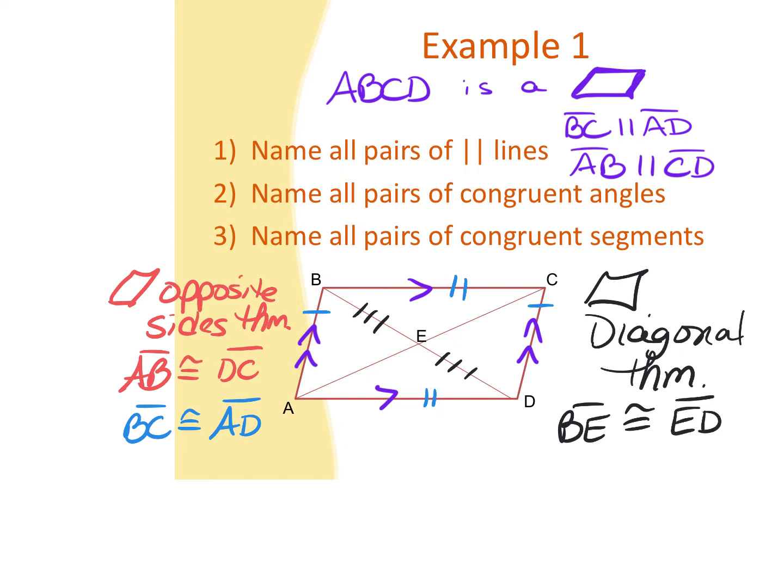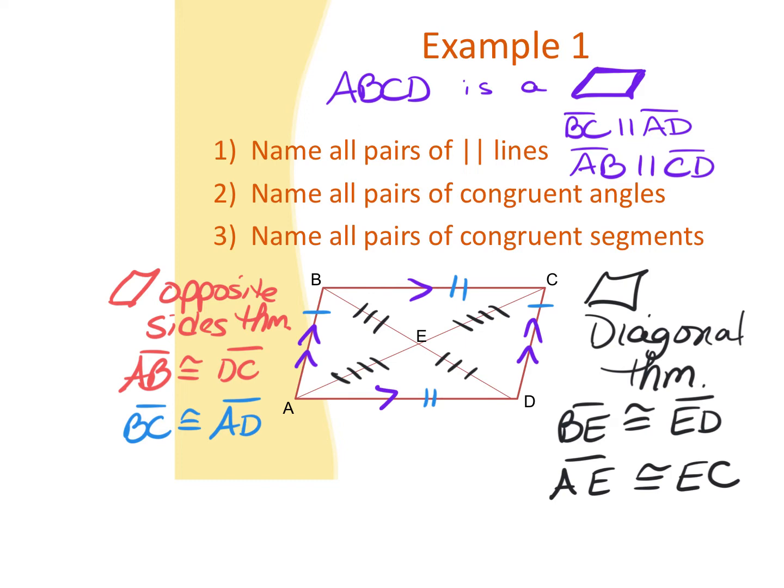And that segment AE is going to be congruent to EC. So these are all my congruent segments in this picture. I use the parallelogram opposite sides theorem, and then I also use the parallelogram diagonal theorem.